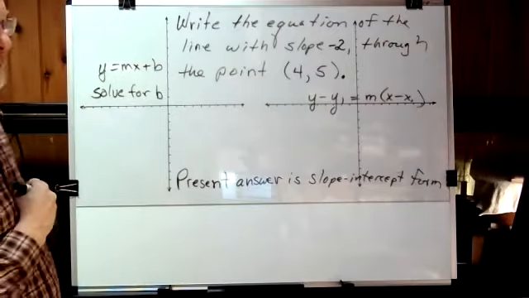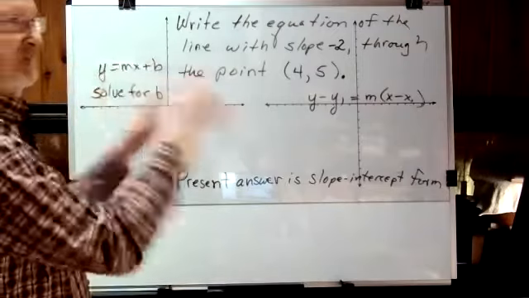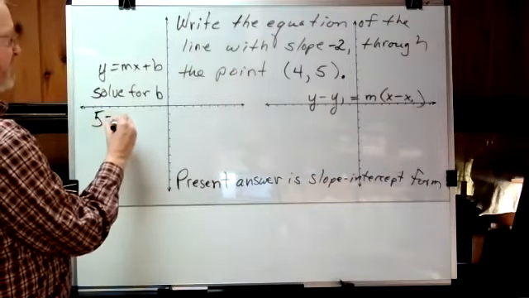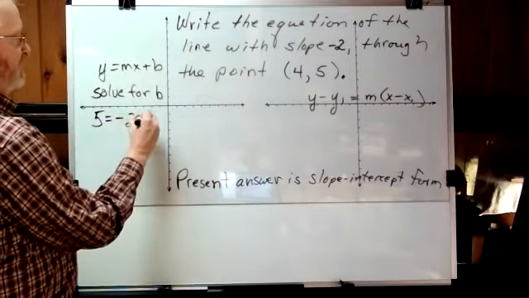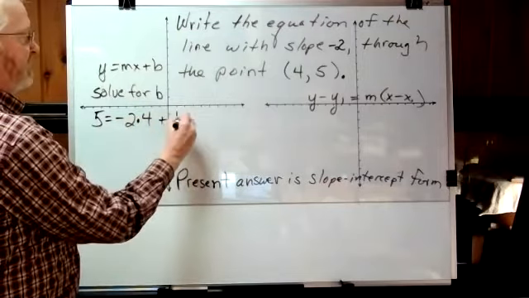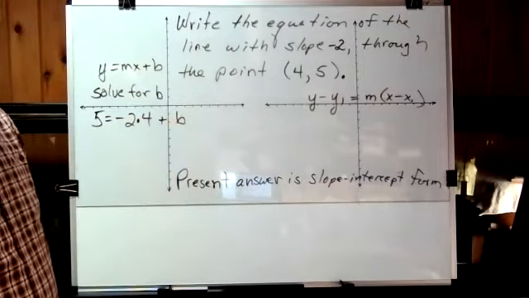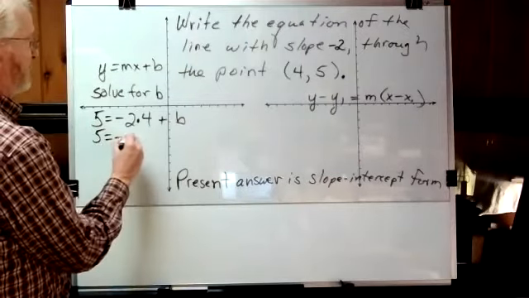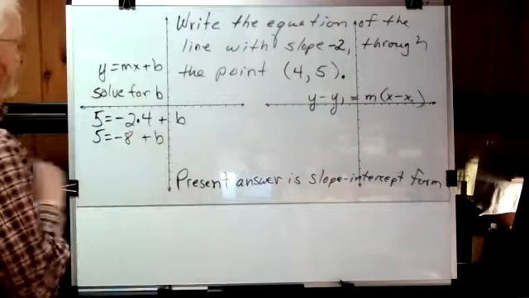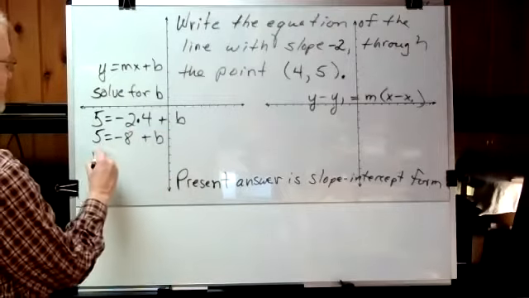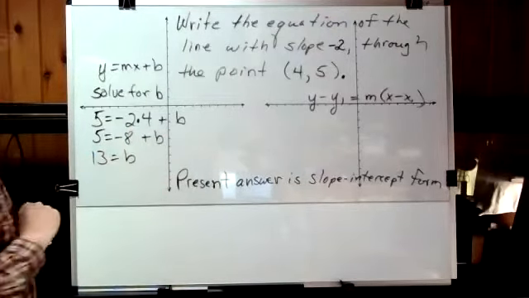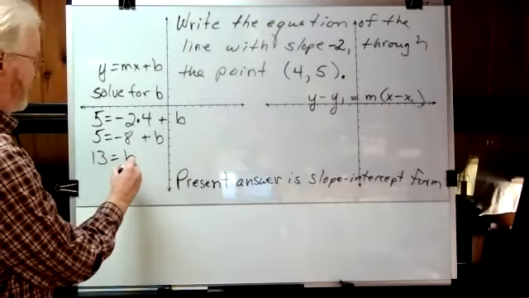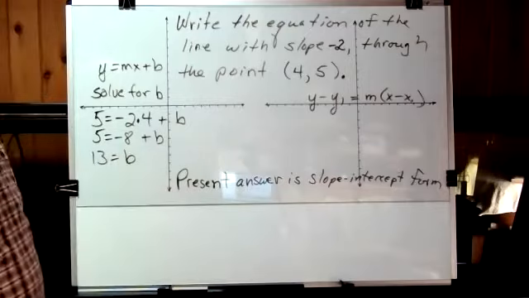Make sure you get your x's and y's in the correct location, right? 5 is the y. 5 equals -2 times 4 plus b. That would be the solving for b method. And if I add that 8 to both sides, I get 13 is my y-intercept.